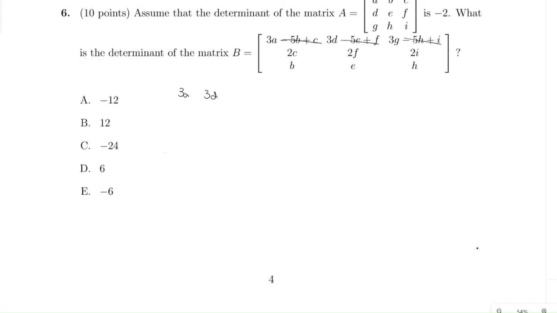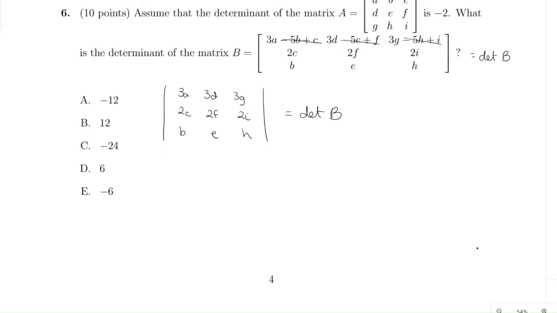So we have 3a, 3d, 3g, 2c, 2f, 2i, b, e, and h, another determinant. Let's say the determinant of B is this. So this remains the same as the determinant of B.